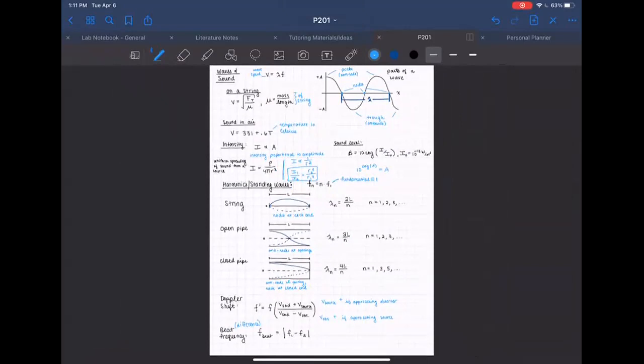Any questions on second page, first page? I was wondering if maybe we could do an example of a time when beat frequency would be like, which answer would be the correct one and the absolute value.